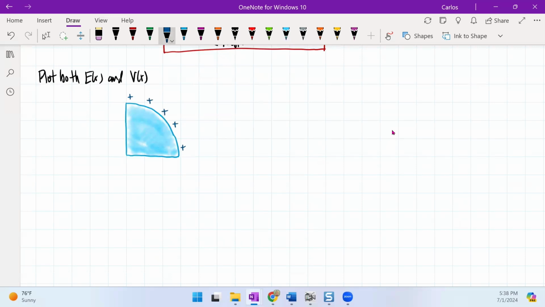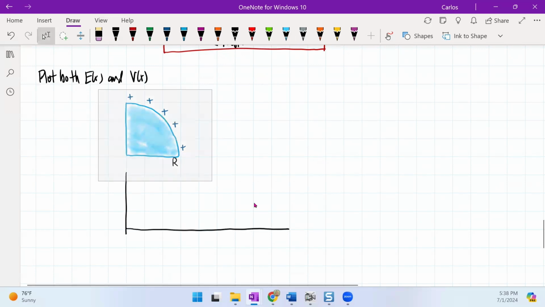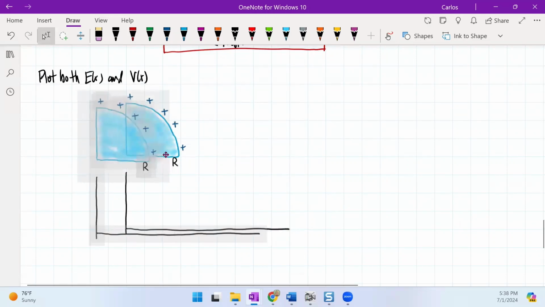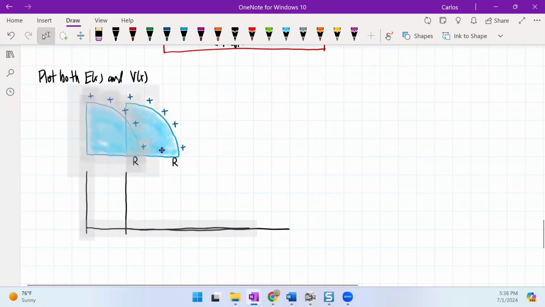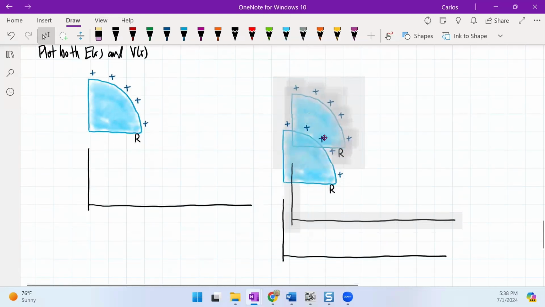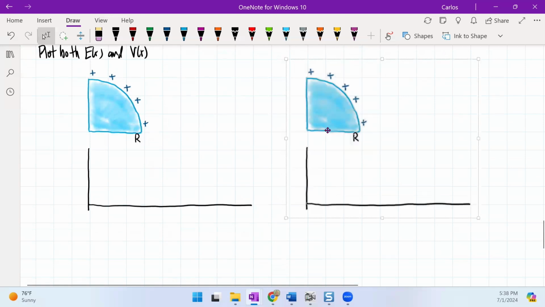And I know that this location right here is R. And I'm going to plot a field that's going to look something like this. So I want to copy this because I'm going to use this again for the potential. So I'm going to go here, and then over here, I'm going to plot the exact same curve.